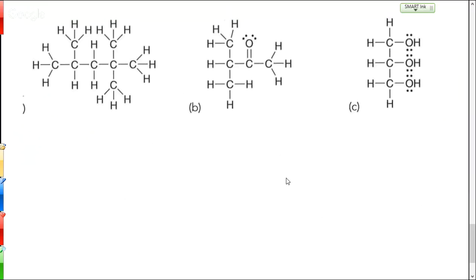Everybody try to draw these, and then when they're drawn, look at the other people's around you. They may not look exactly the same, and that might be okay. When you're looking at the other person's structures, try to figure out if they're actually the same or if somebody's wrong. Depending on how you rotate your bonds, you may have drawn something totally fine, even though it looks different.